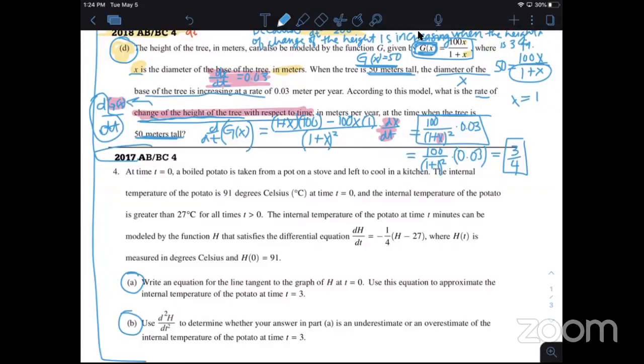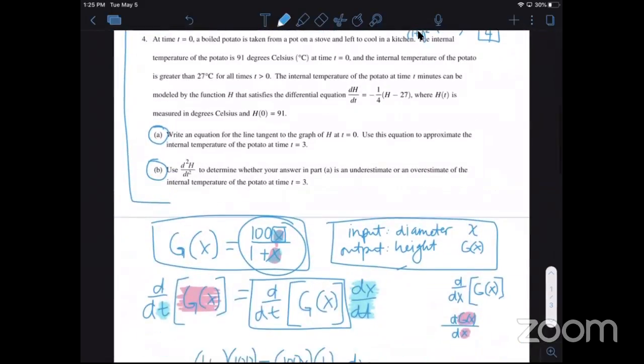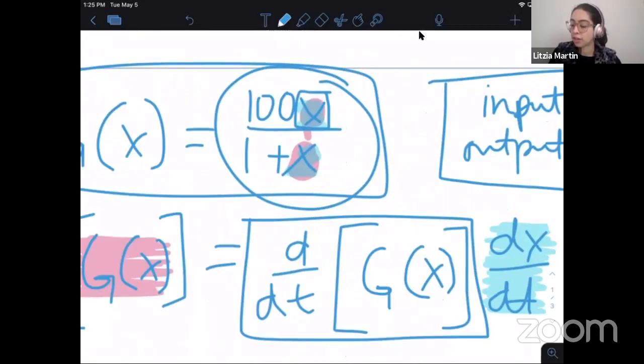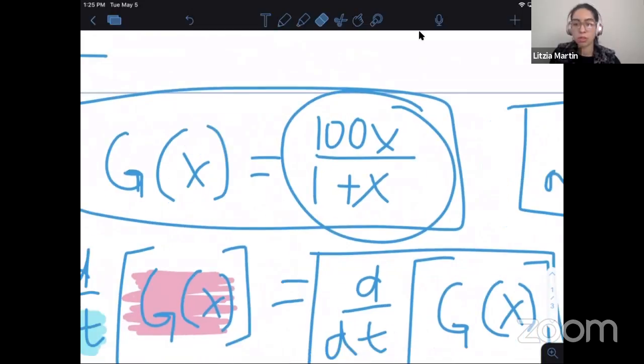Why do we need to multiply derivative x over derivative time after we take the derivative of the g of x? Because g of x only has the variable x in it. Okay. So they're different variables.